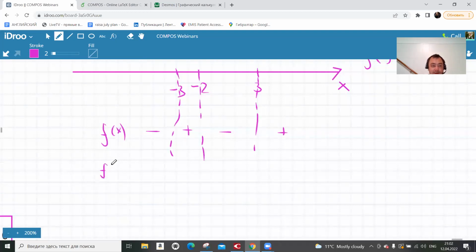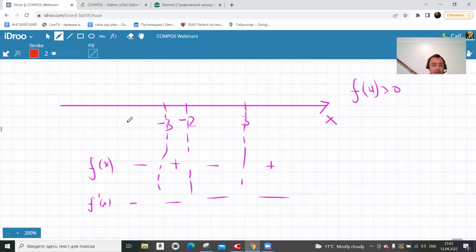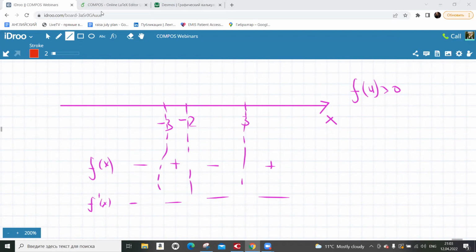Then we have the first derivative, and the first derivative is always negative. We've established that. All right, so because I didn't do the second derivative, I don't know when the function is convex or concave, but I know that the function is negative and decreasing here.